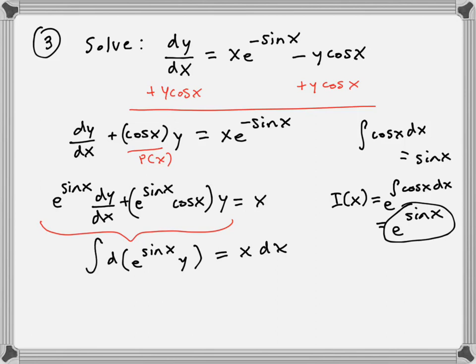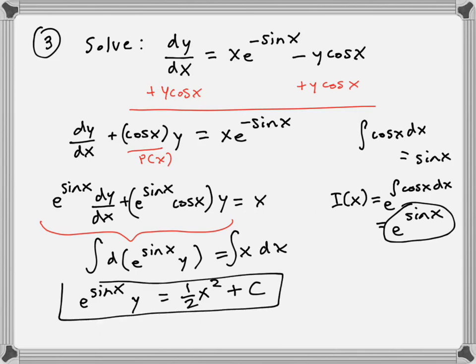And so here you integrate both sides. So on the left we get e to the sine x times y, and this is equal to 1/2 x squared plus c. We can leave our answer like this, or we can write it a different way.